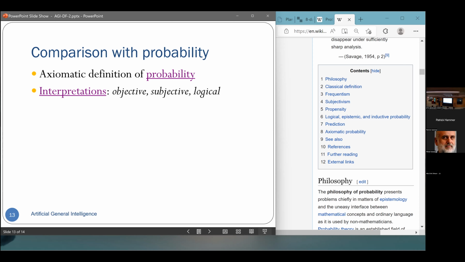Why do different people have different opinions? Because they have different evidence. So probability is a logical relation between your degree of belief and the evidence you have. Very roughly speaking, that's the third position.